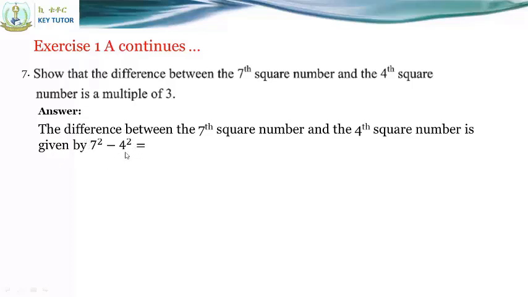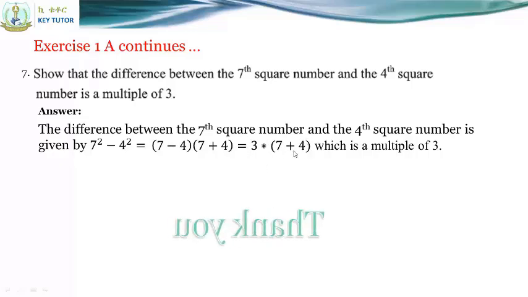It's written as 7 minus 4 times 7 plus 4. Okay, and this is 3 times 7 plus 4, meaning 7 minus 4 is 3. So 3 times 7 plus 4 implies that the difference of the 7th square and that of the 4th square is a multiple of 3, whatever you have here.